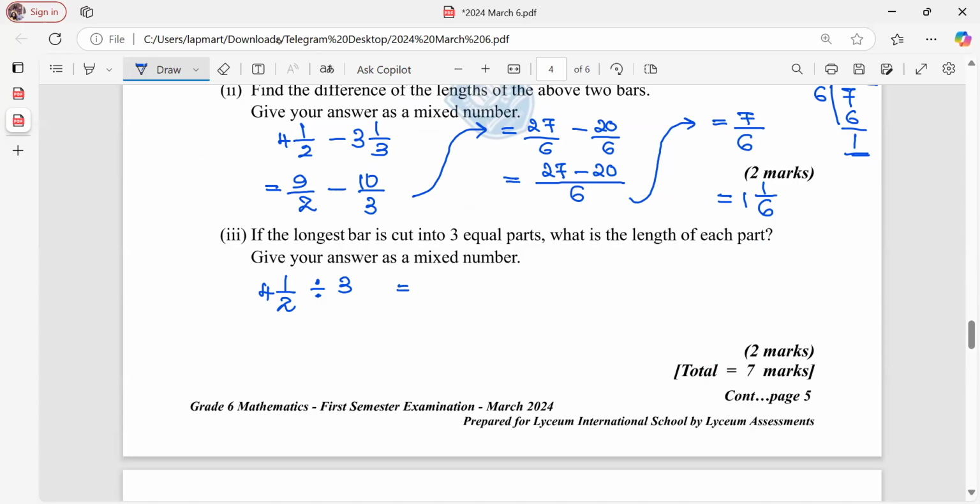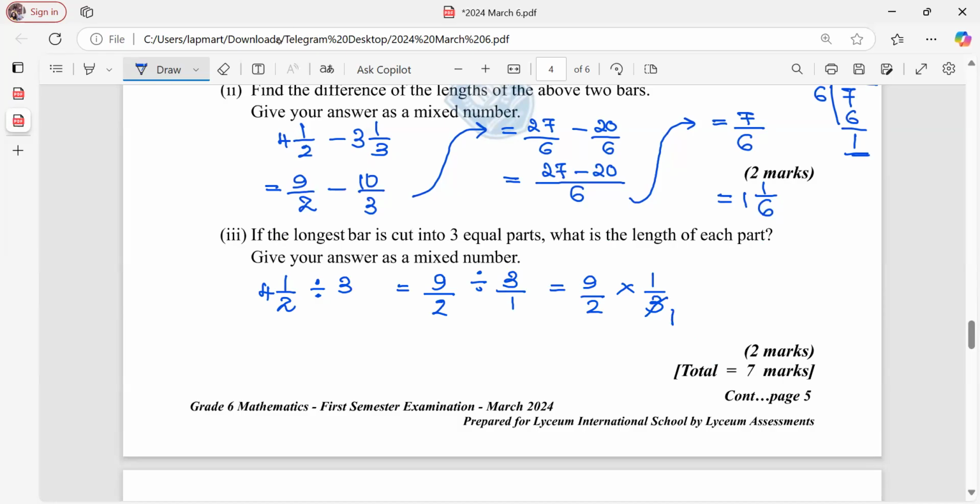So then again, 2 times 4, 8. 8 plus 1, 9. 9 over 2, divided by 3 over 1. I write it like this. So then I can write 9 over 2 multiplied by 1 over 3. When you convert the division into multiplication, the next fraction will be the reciprocal, right?